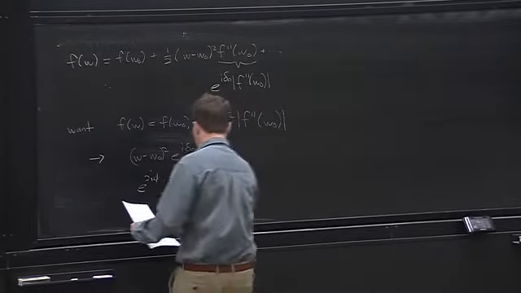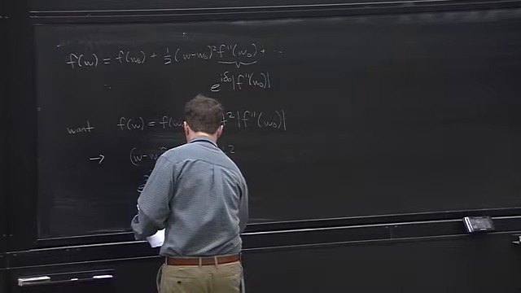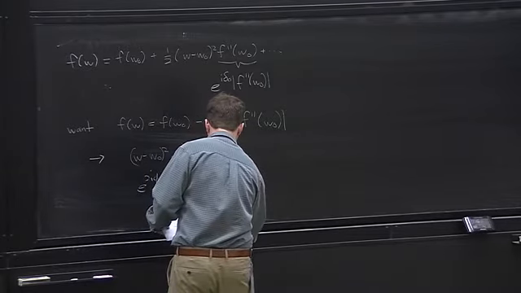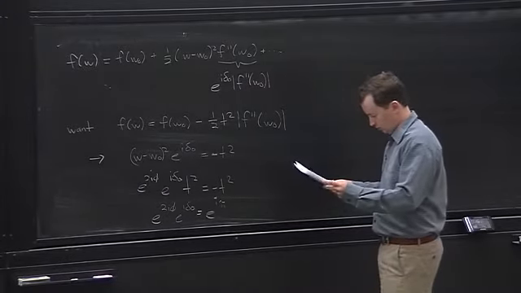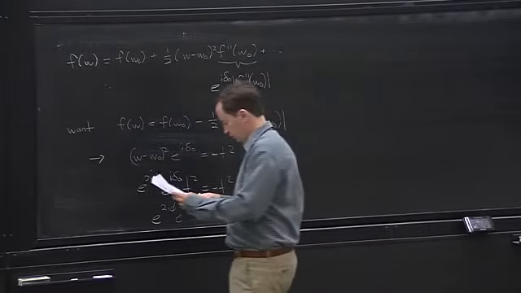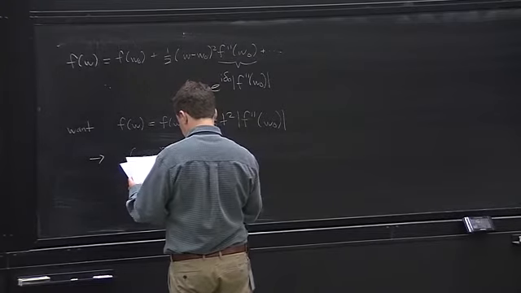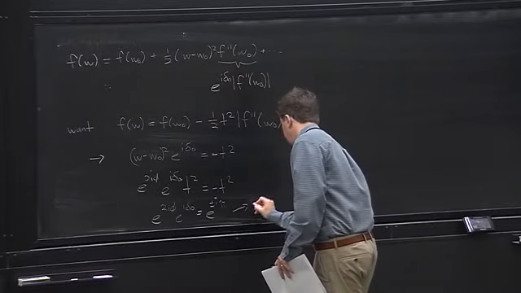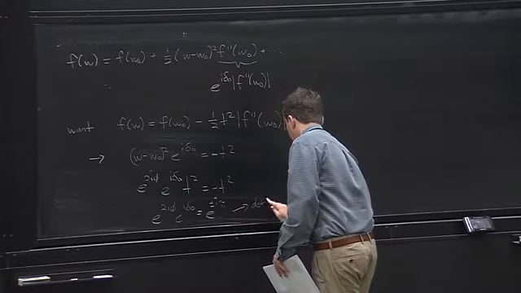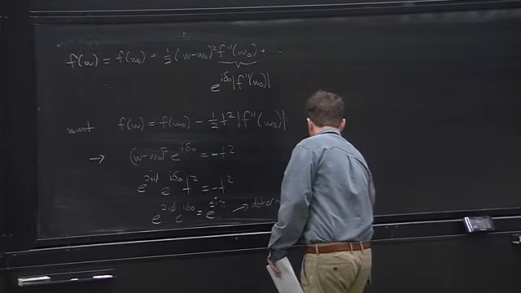So e to the 2i phi, e to the i delta is e to the i pi. And so this determines the angle of the constant phase contour.